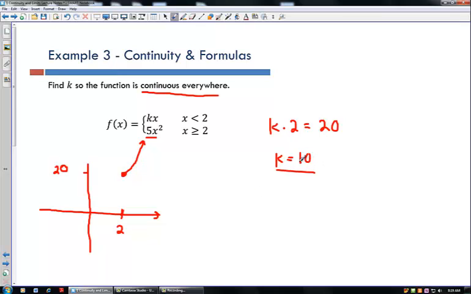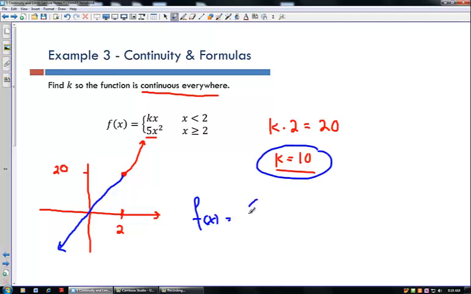So if k is equal to 10, then when it's less than 2, it's going to match up with that point perfectly. And then you'll have a continuous function. All right, so my answer would be f of x. I mean, I found k, so that's my answer.